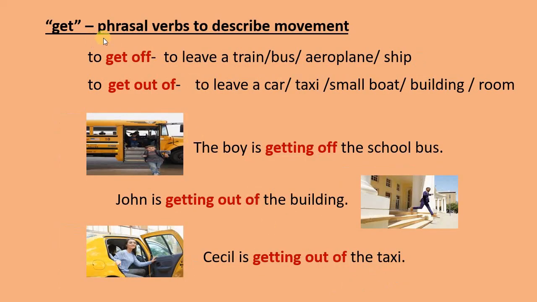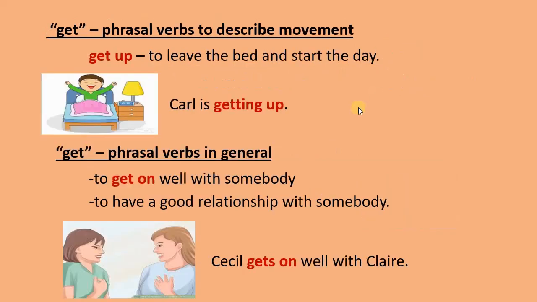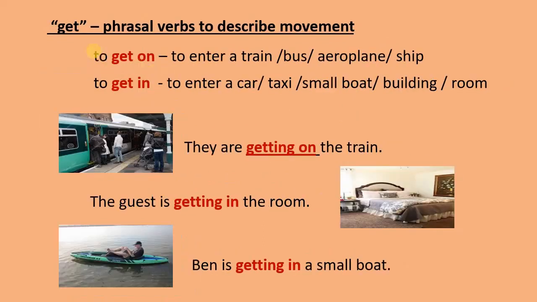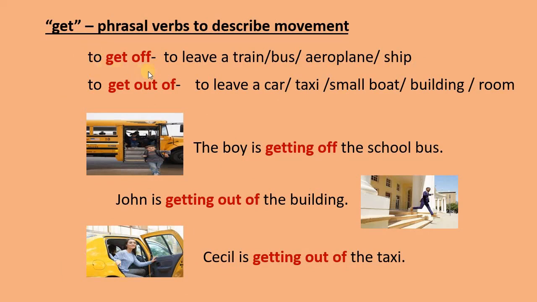Next here, get phrasal verbs to describe movement. To get off means to leave a train, bus, aeroplane, ship. So this is opposite, guys, to get on, to get in. To get out of, to leave a car, taxi, small boat, building, or room.